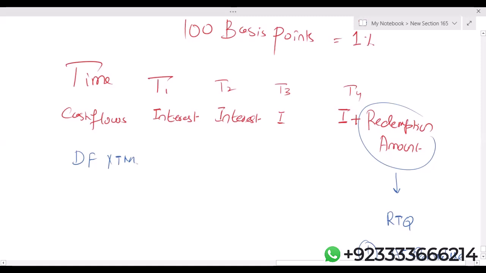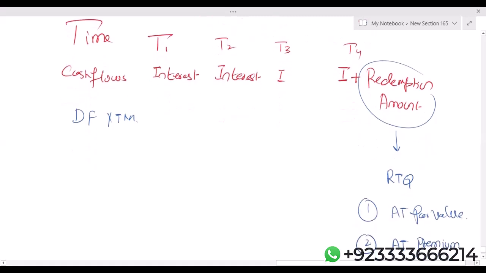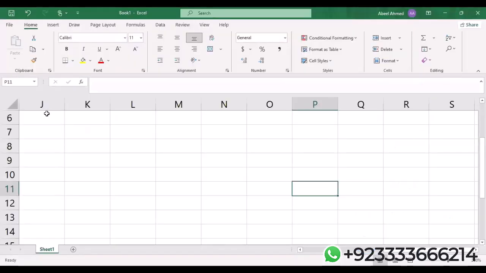Now let me show you the shortcut for how to calculate market value of debt. We have to go to Excel. I hope everyone can see this spreadsheet.